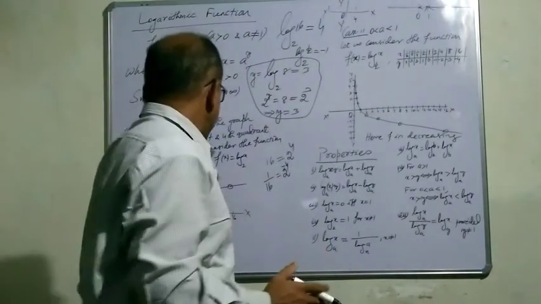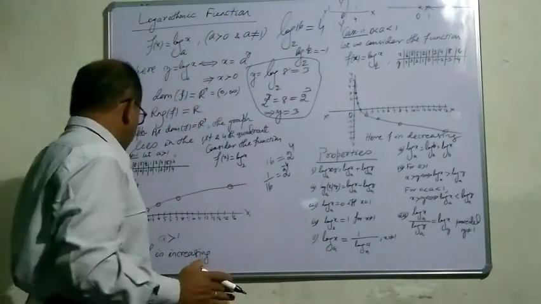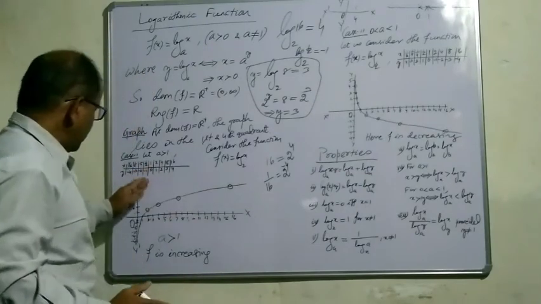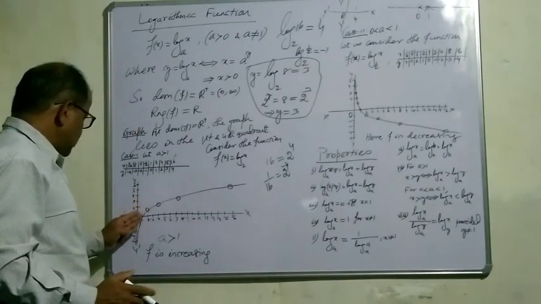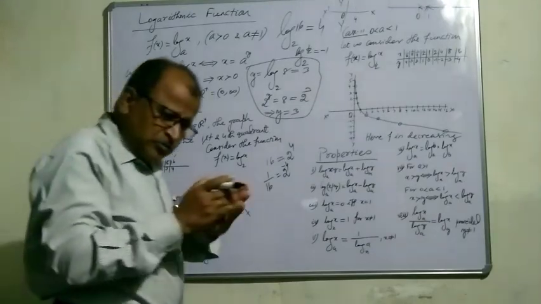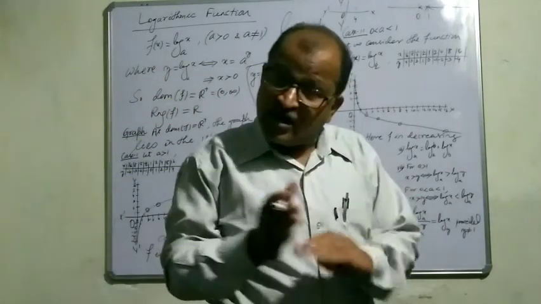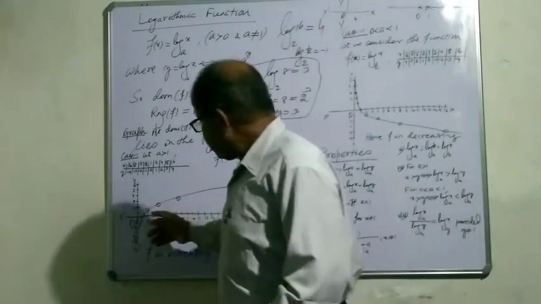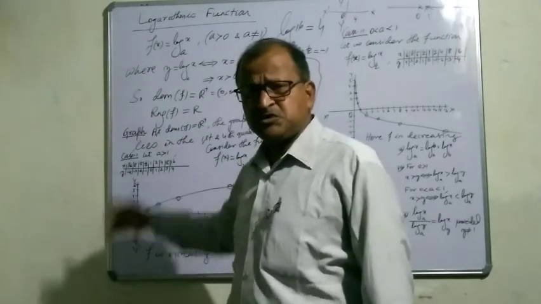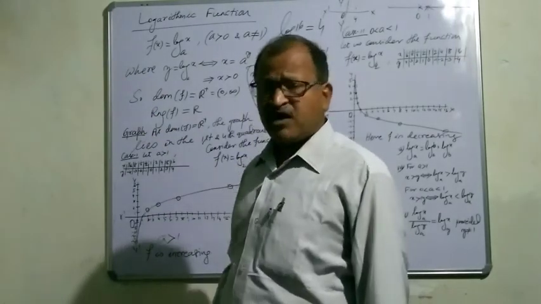Suppose a is greater than 1. The graph will be like this. You see, as you get closer and closer to the y-axis, that means x is approaching 0 from the right, your graph becomes highly negative. That means it takes very large negative values.